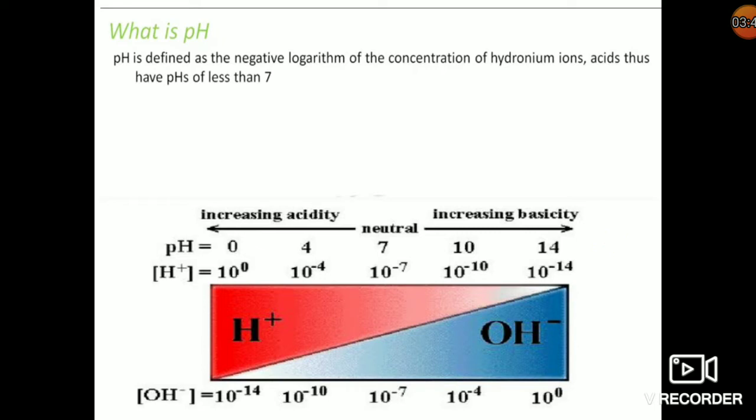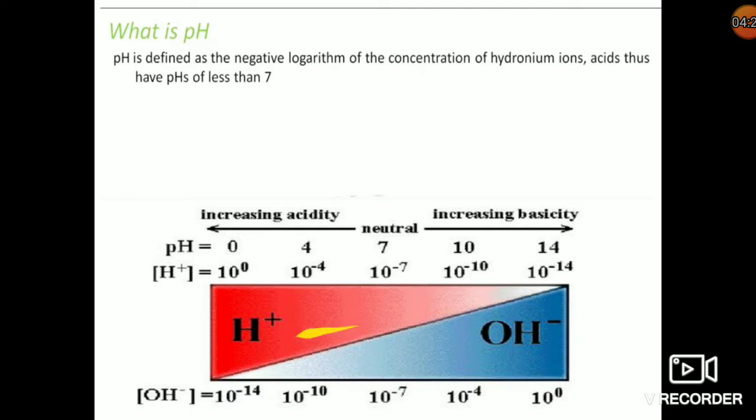One more thing to note here is this part. You see the OH minus ion concentration is too high, but here you are getting a smaller amount of H plus ions too. Here comes a very important point: a basic solution can produce H plus ions too, but it holds a condition, that is, the number of OH minus ions it produces must be greater than the number of H plus ions produced.